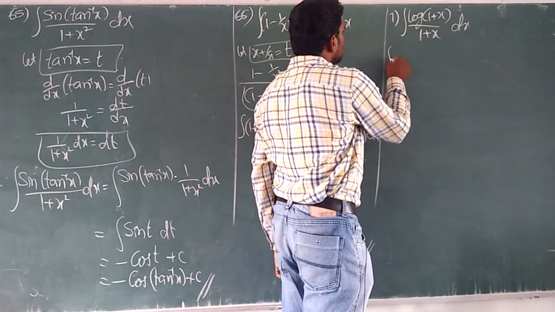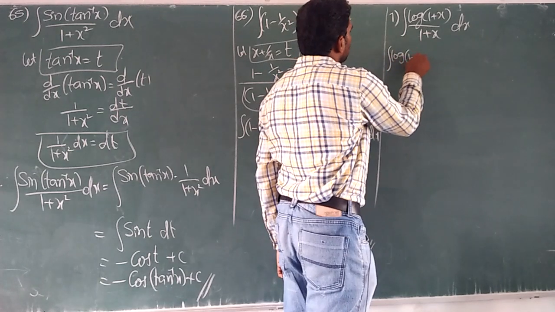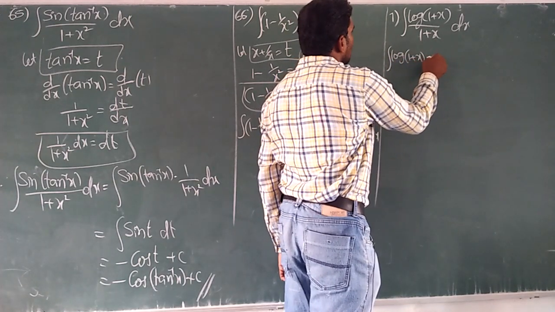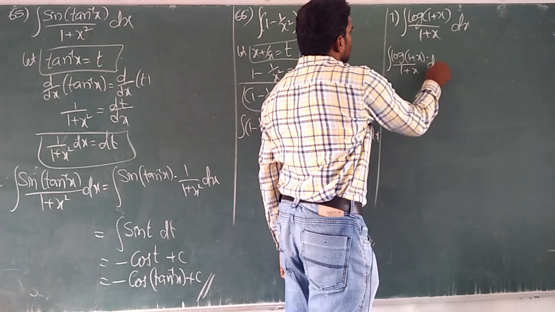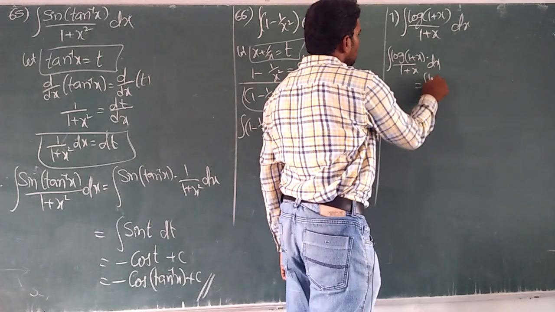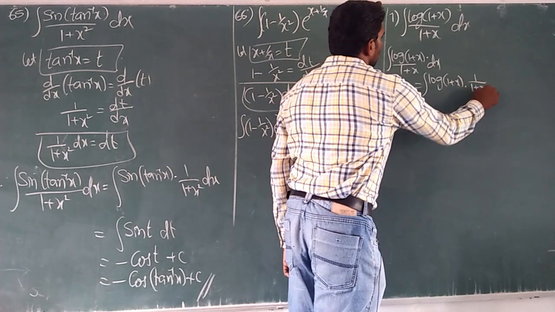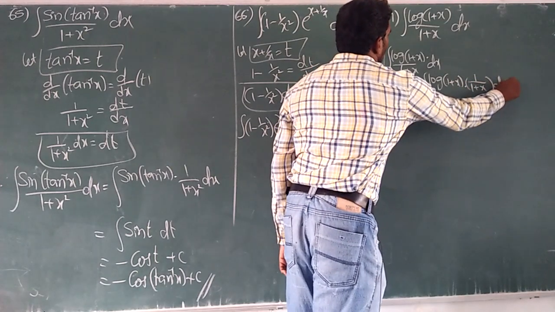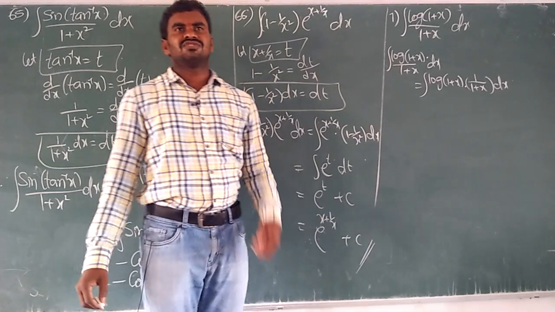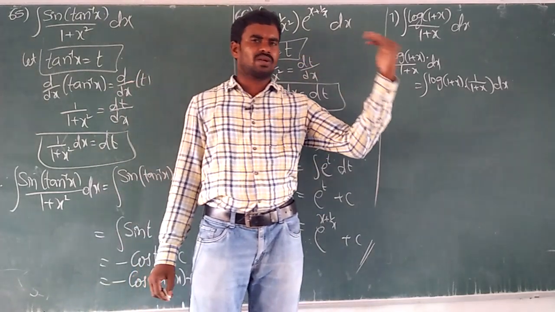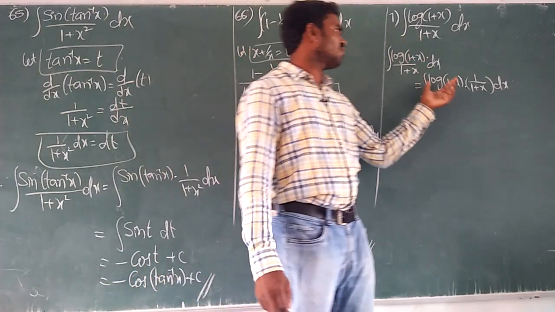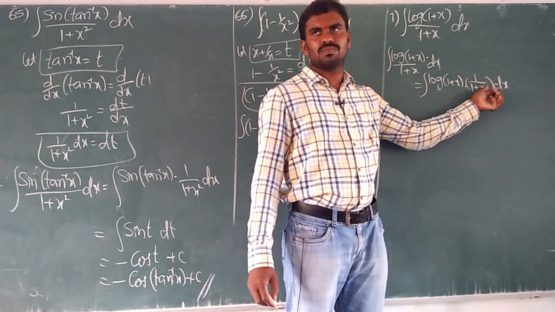Here the question is integration of log of 1 plus x. I am rewriting this one as log of 1 plus x into 1 by 1 plus x dx. Why? Because generally the derivative of log x is 1 by x, so the derivative of log of 1 plus x becomes 1 by 1 plus x.